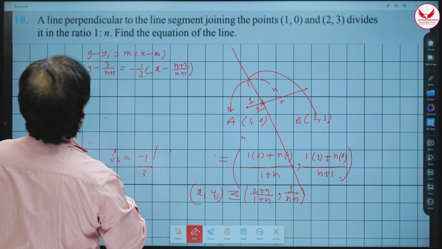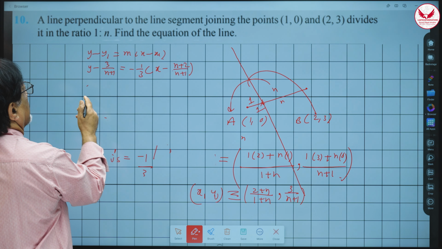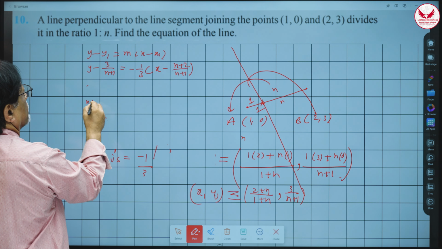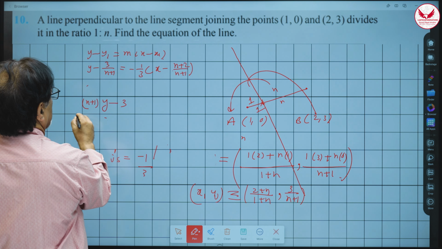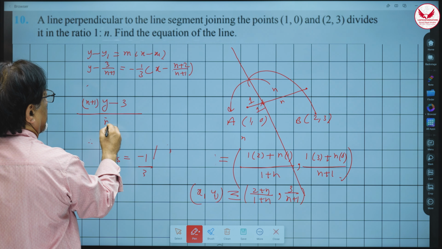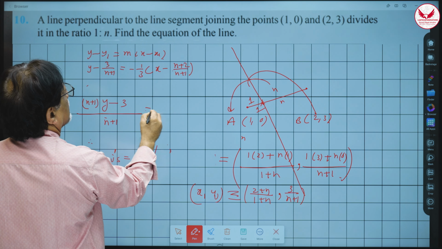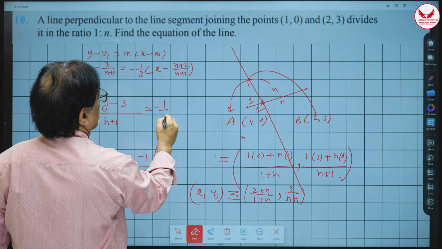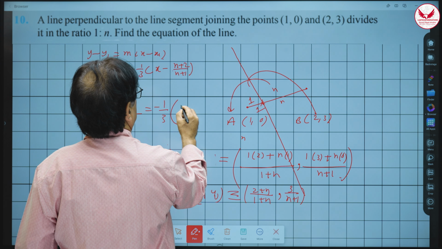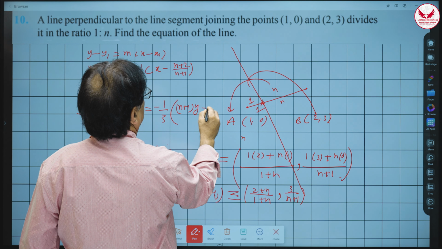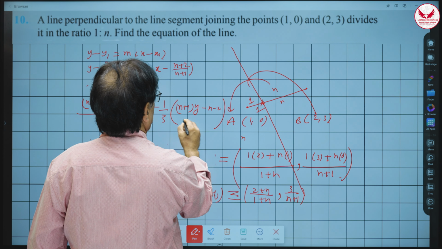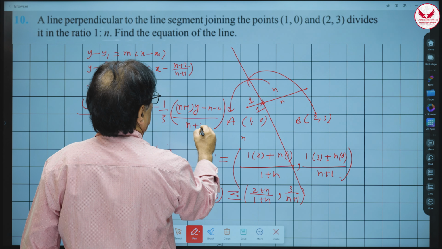We'll simplify this complicated looking equation like this. Okay? So it is going to be n plus 1 multiplied by y minus 3, this whole thing divided by n plus 1. Here also it is minus 1 upon 3 into x minus n plus 2 divided by n plus 1.